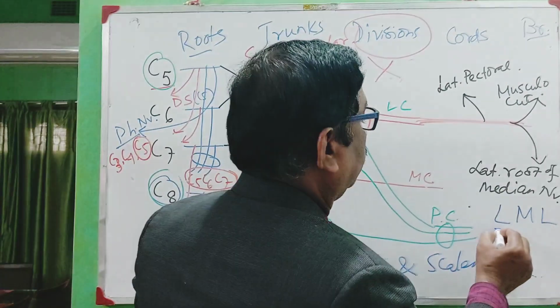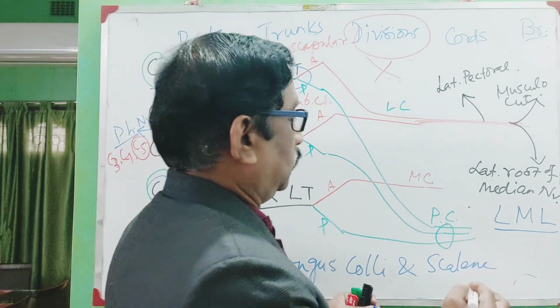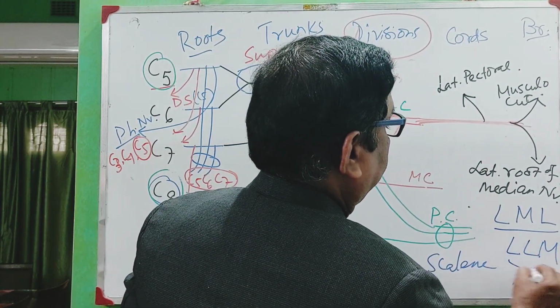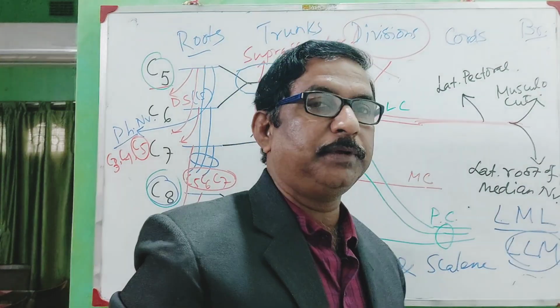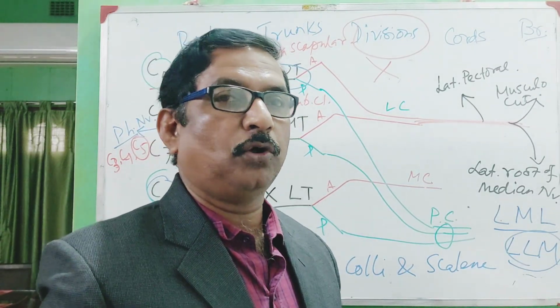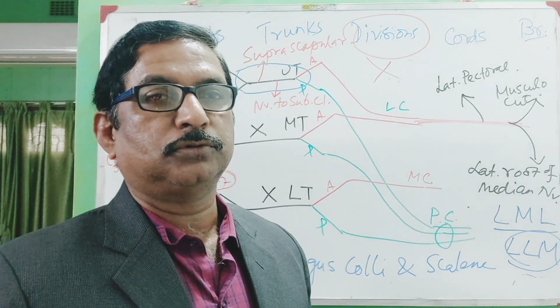You may remember in many ways. How? Suppose I write this like L, L, M. L, L, M means, you know, the postgraduate degree for the law is LLM, Master of Laws.